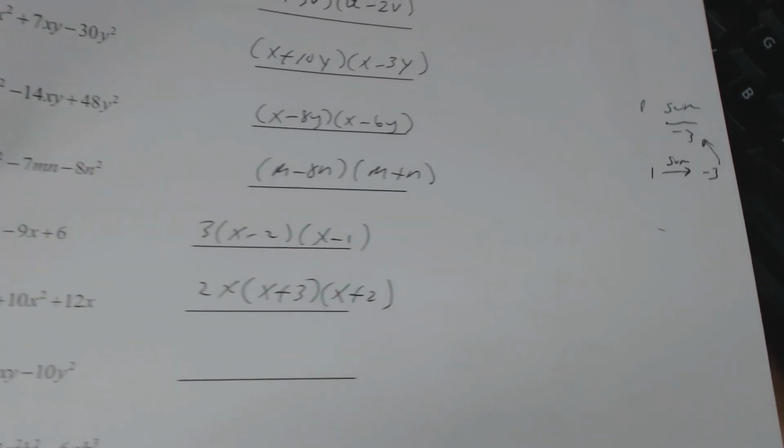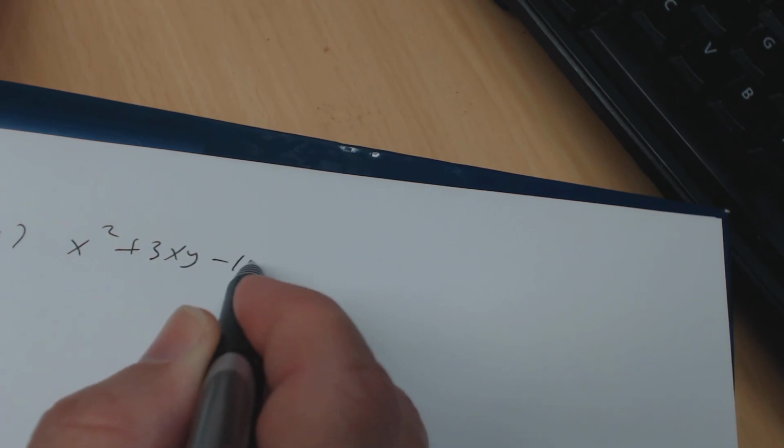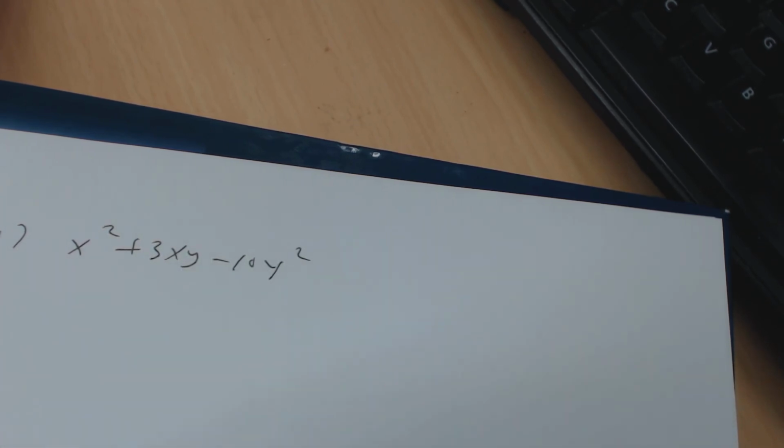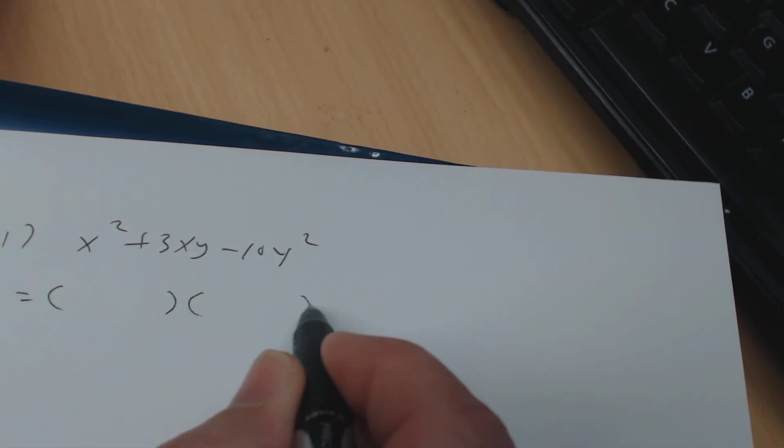All right, let's do number 11. You have x squared plus 3xy minus 10y squared. The GCF is 1, so I'm going to go directly to two binomials.